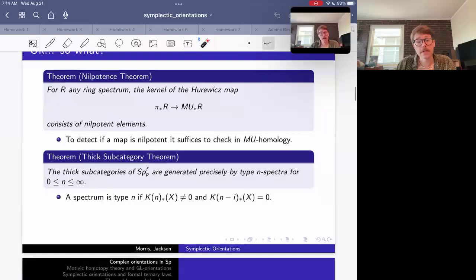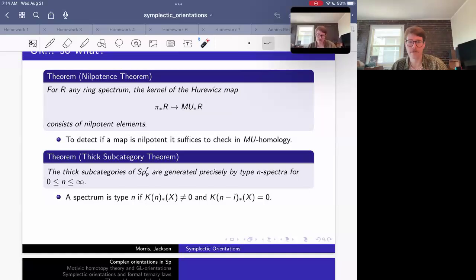The other one that I think is important for right now is the thick subcategory theorem. The thick subcategory theorem says that thick subcategories of spectra, if I work at a prime p, are precisely generated by these things called type n spectra.